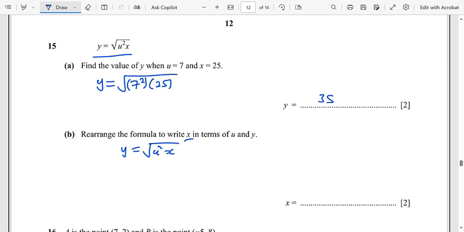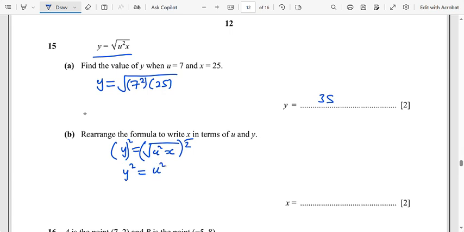At the same time, x should be outside of the square root. So to unlock a square root, you do the opposite, you square. But when you square the right-hand side, you square the left-hand side. So y squared is equal to, with the square root and the square, they cancel out here.